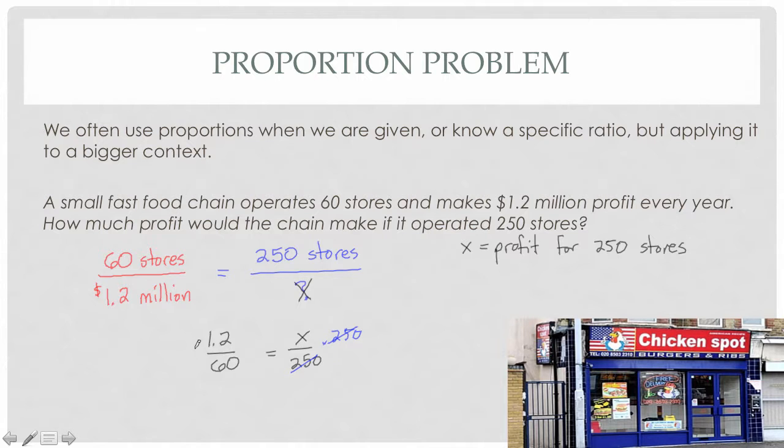It's the opposite of dividing. There we go. So x equals whatever all this calculates out to be. So let's pull out your calculator. And we're going to do 250 times 1.2 divided by 60. And we get x equals 5.